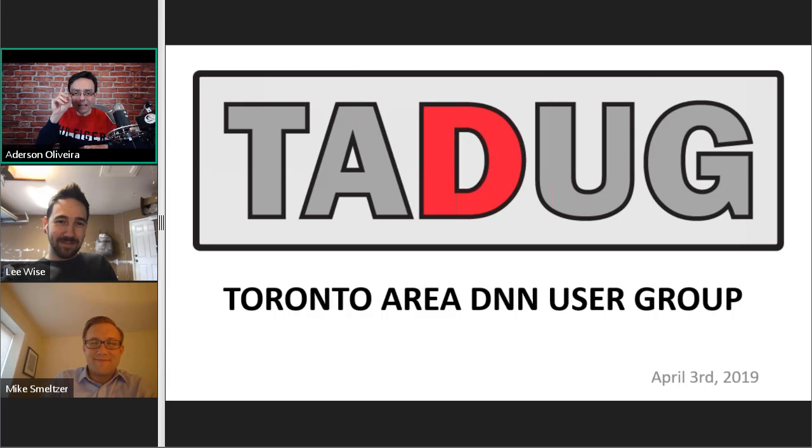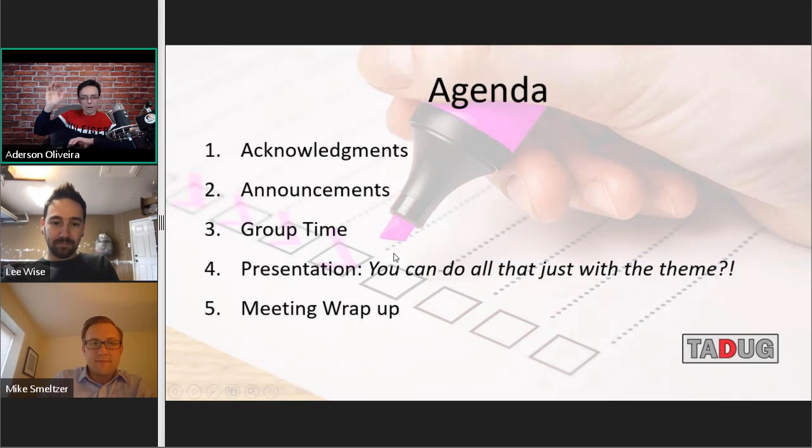Anyway, so again, this is the April edition. Today is April 3rd, and it's 6:30 in the afternoon Eastern time. So, what do we have here? We have a presentation to go through. We have our agenda, some acknowledgements as usual, nothing too different here.